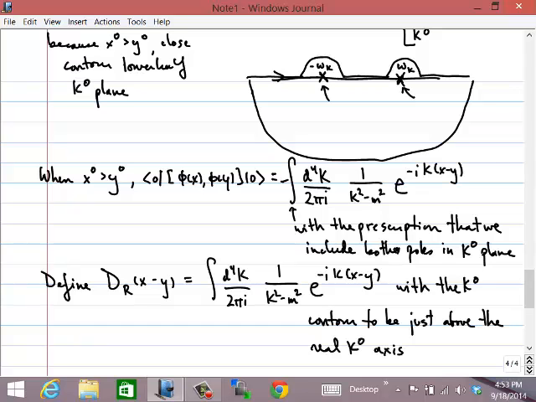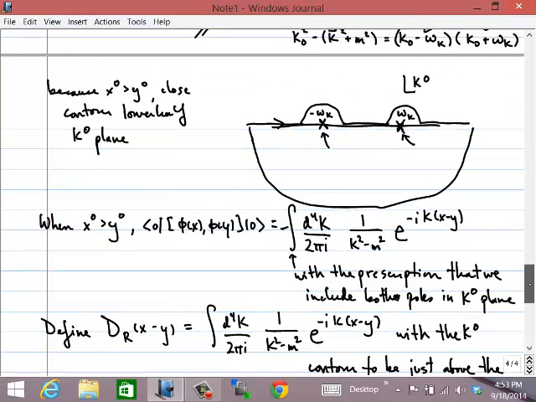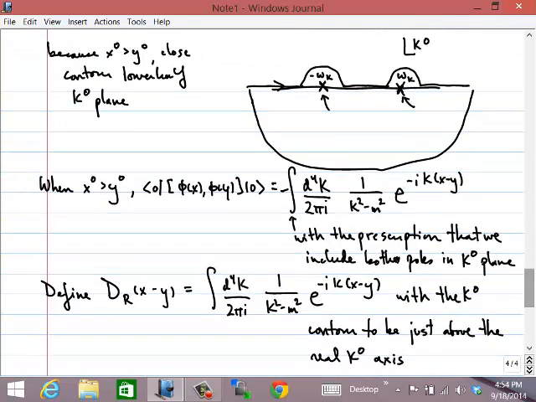Okay, so if x0 is bigger than y0, then that's precisely the quantity that we computed above. It's the expectation value of this commutator. If x0 is less than y0, then we can perform this contour integral again, but we would close the contour in the upper half plane rather than in the lower half plane.